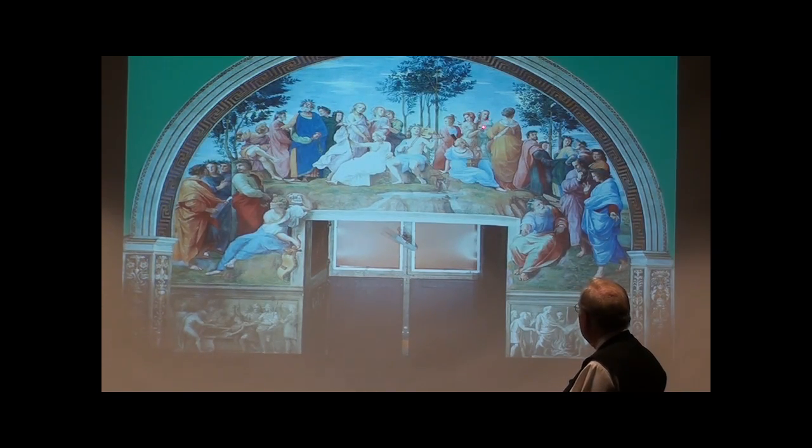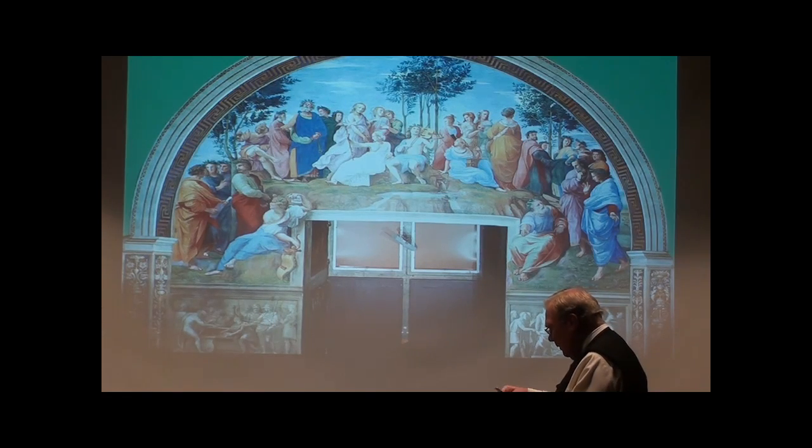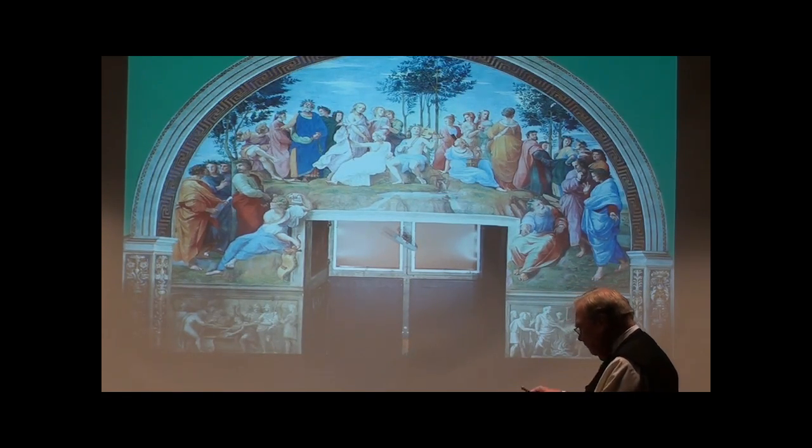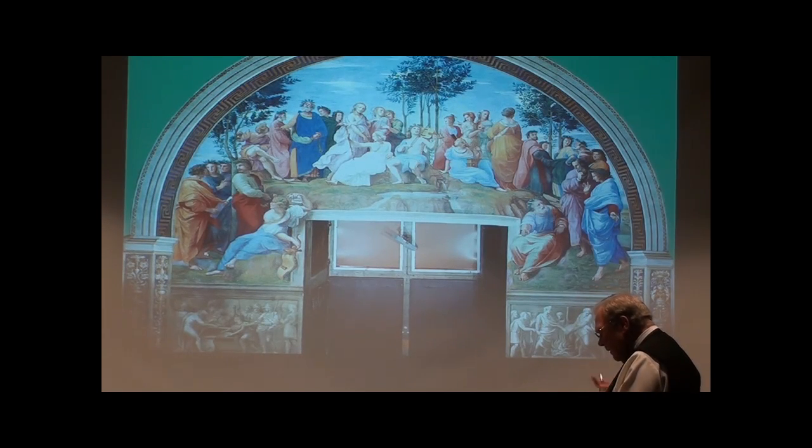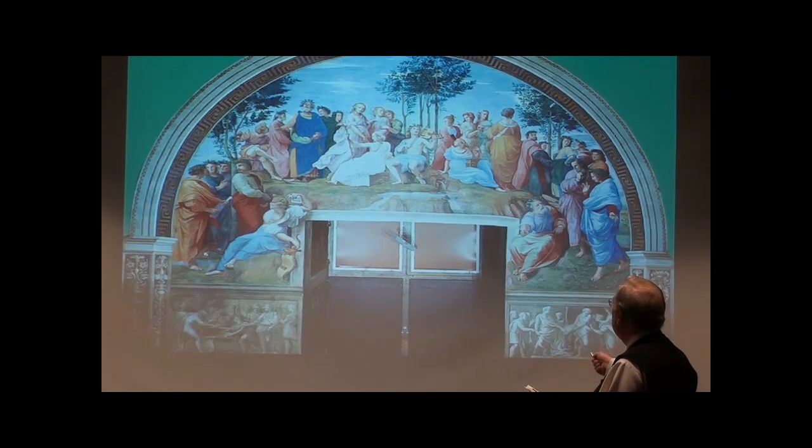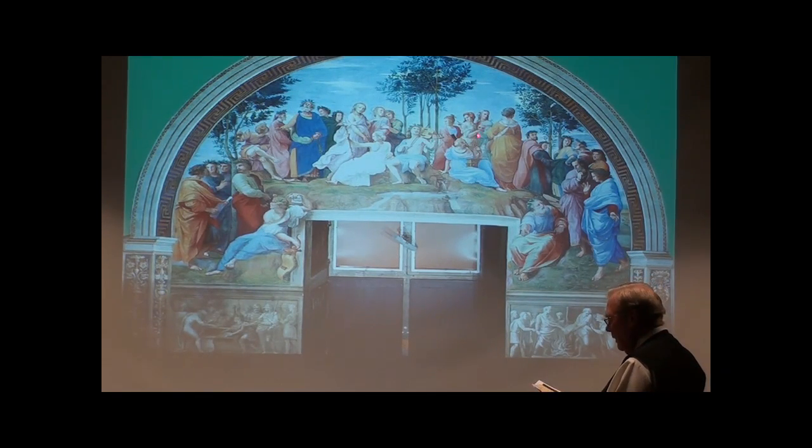But over here you can see holding the mask of comedy, that is Thalia with the comic mask, and over here the tragic mask. That is Melpomene. So comedy, tragedy.